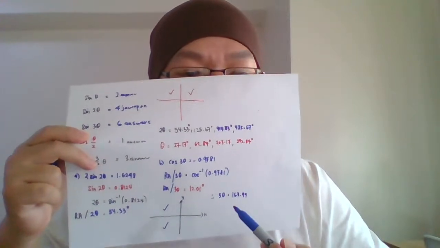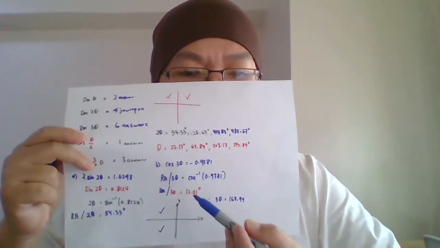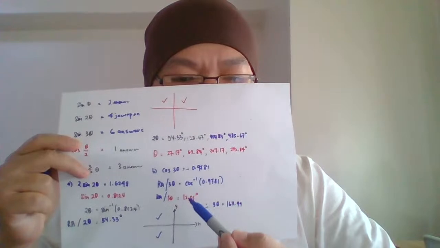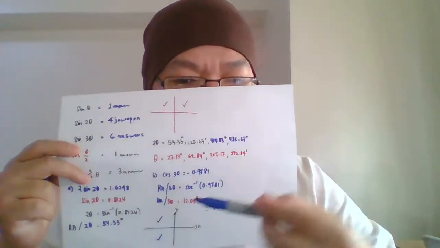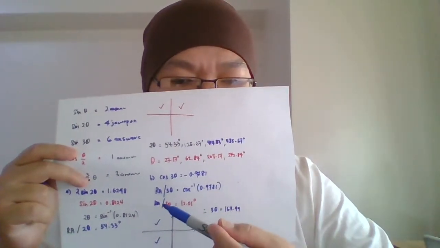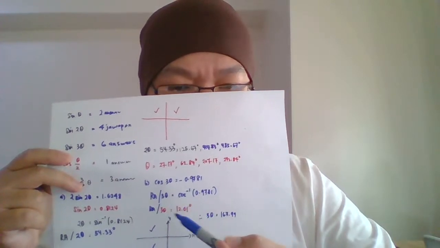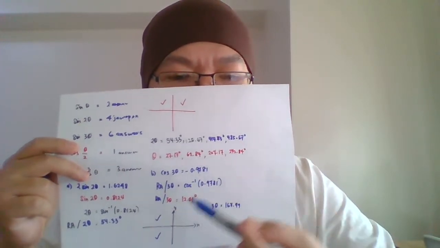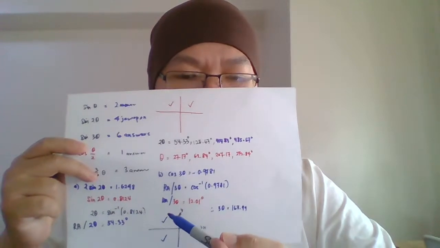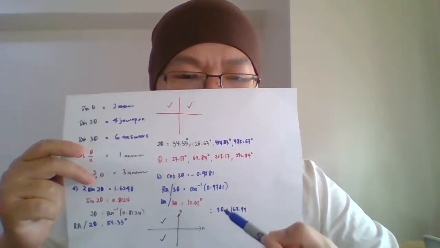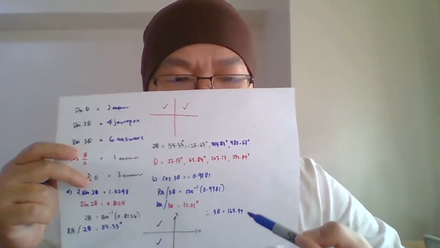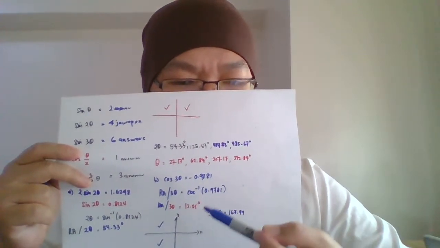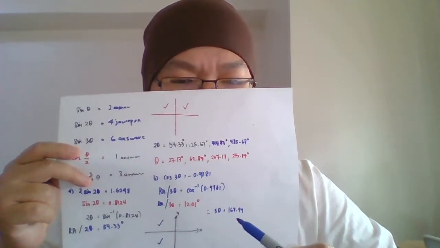Okay, that is your second quadrant value. Remember, 12.01 is not the answer because 12.01 is your reference angle on the first quadrant. Okay. So, because we are not talking about first quadrant, we are talking about second and third. So, what we can do is 3 theta equals to 180 minus with our RA here. That's why I got 167.